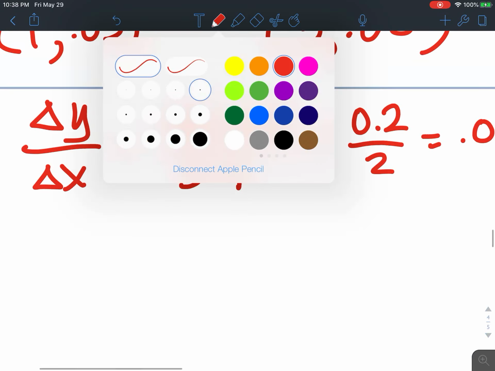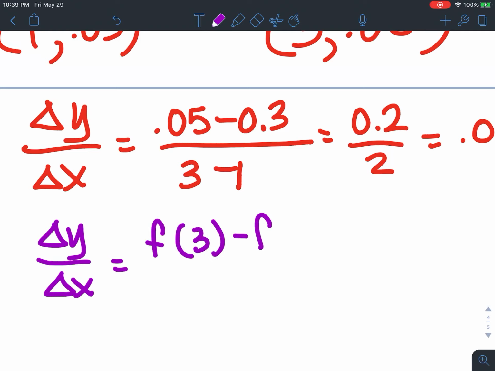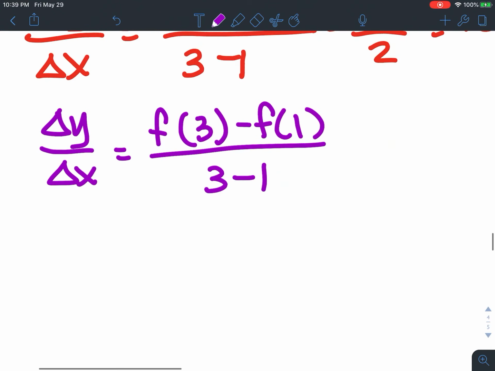So it is kind of important to learn the formal language. So, you know, that's f of 3 minus f of 1 over 3 minus 1.